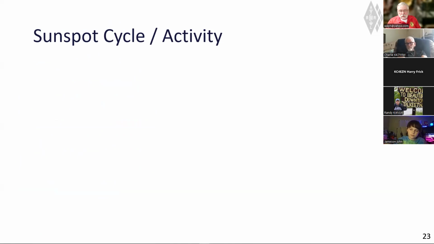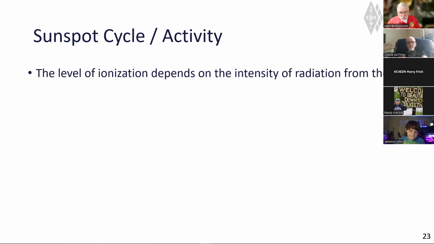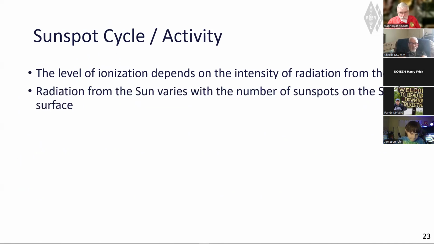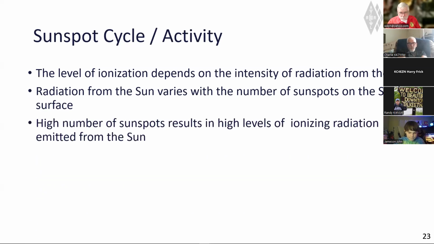Sunspot cycle activity. We are just past the sunspot cycle peak in this part of the cycle. The level of ionization depends on the intensity of radiation from the sun. Radiation from the sun varies with the number of sunspots on the sun's surface.